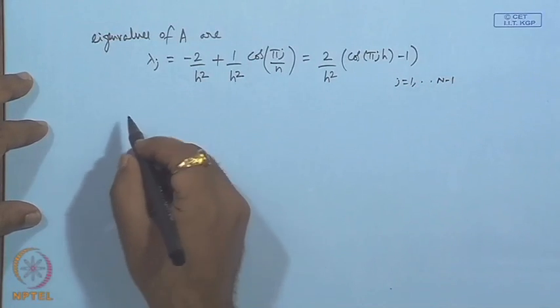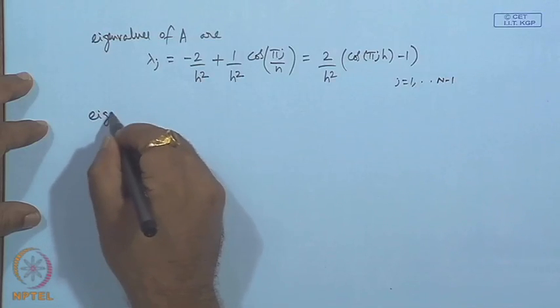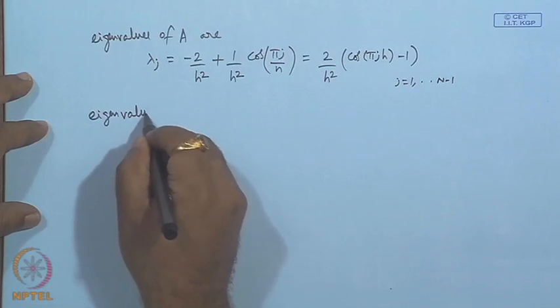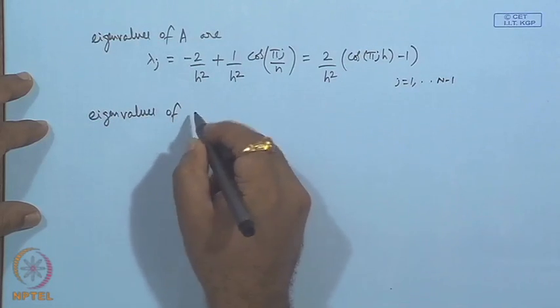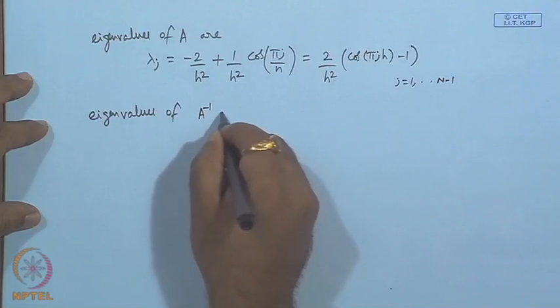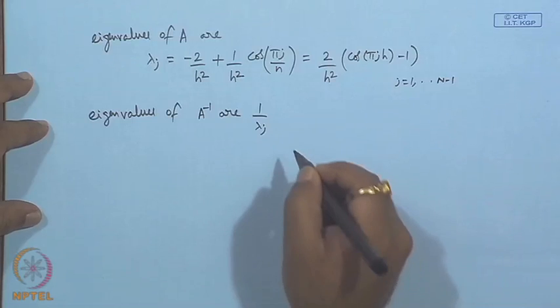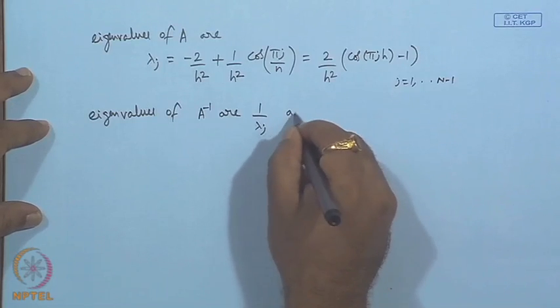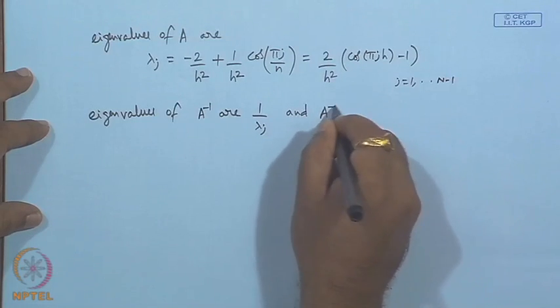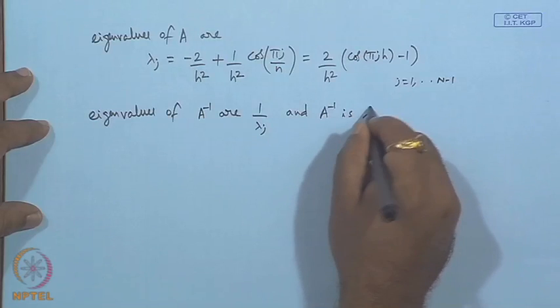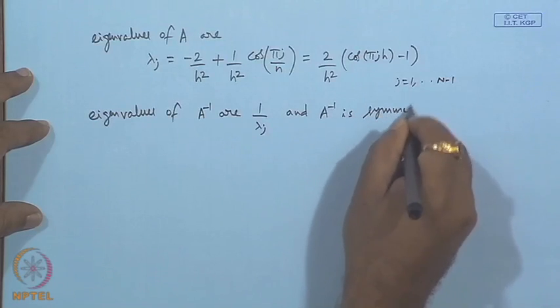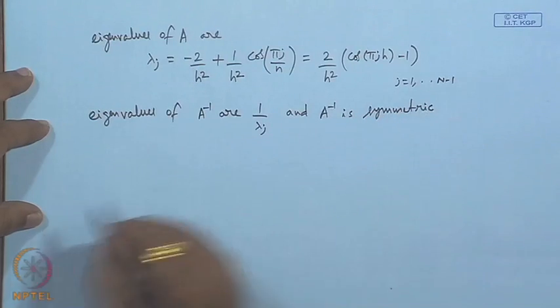Then the eigenvalues of A inverse are 1 over lambda j, and A inverse is symmetric.